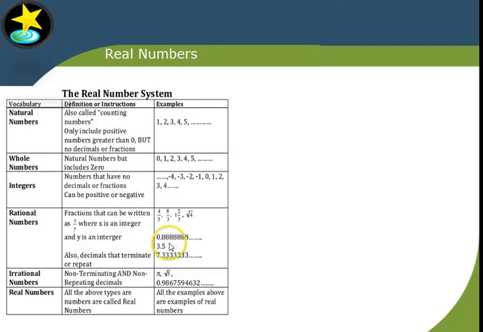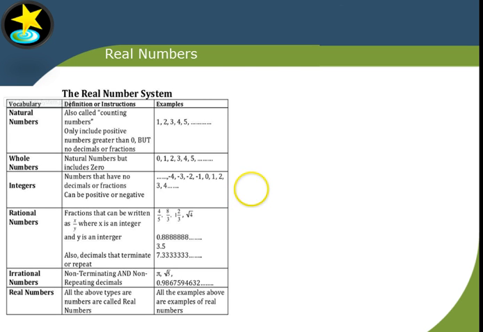Now let's take some examples of decimal numbers. You can also be given some decimal numbers and have to identify whether they are rational or not. If you check this example, 0.888888 and so on, you notice that it is a non-terminating decimal number, but it is repeating.